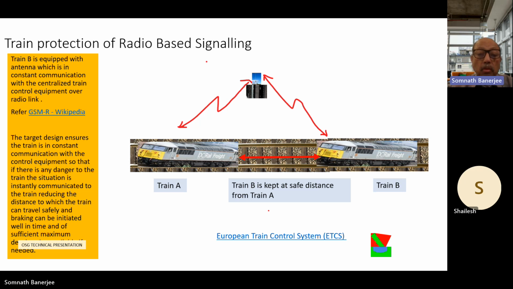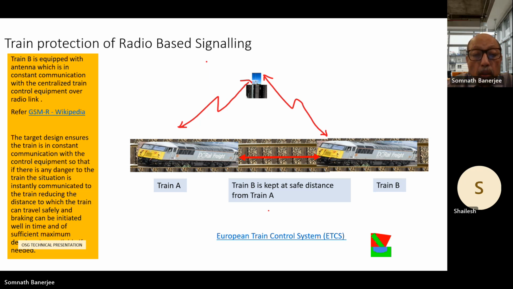This is ensured by keeping, like in this picture, train B, which is traveling in rear of train A, always at a safe distance from train A, based on the location of train A as is known to the radio control system.